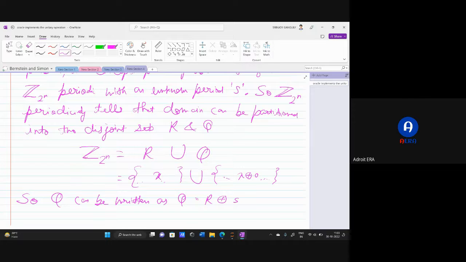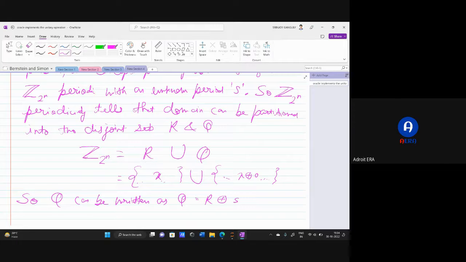Here s is the period. It is also our hidden bit string, but for this step we consider it from a mathematical viewpoint: the function is Z_2^n binary integer periodic and has some period s.